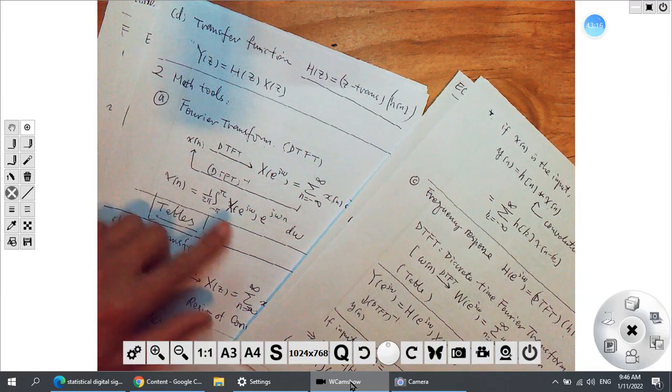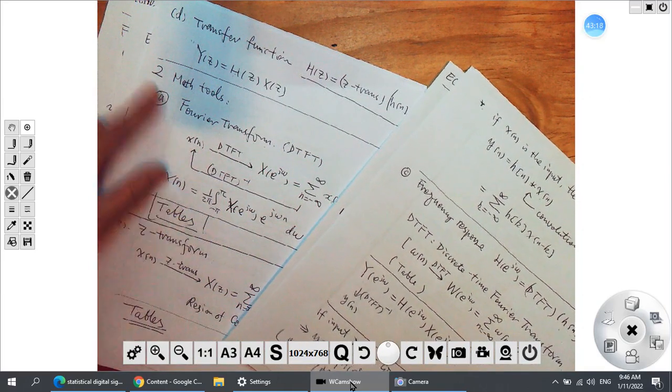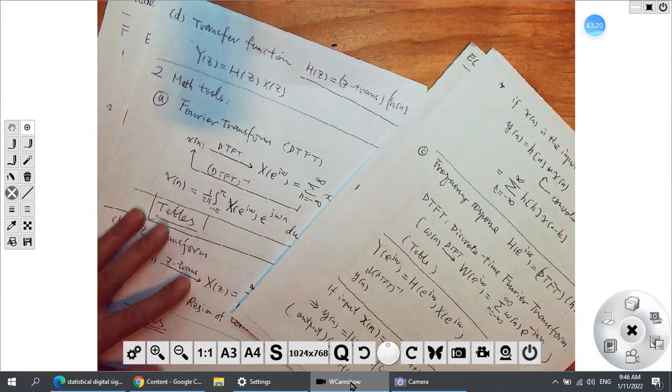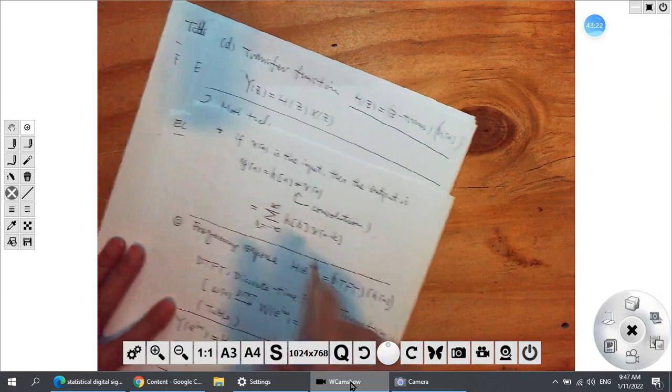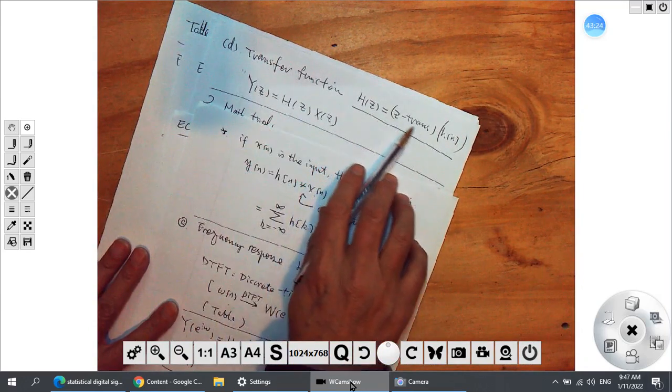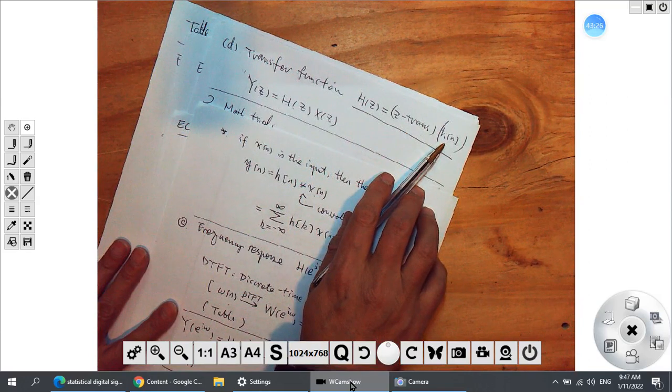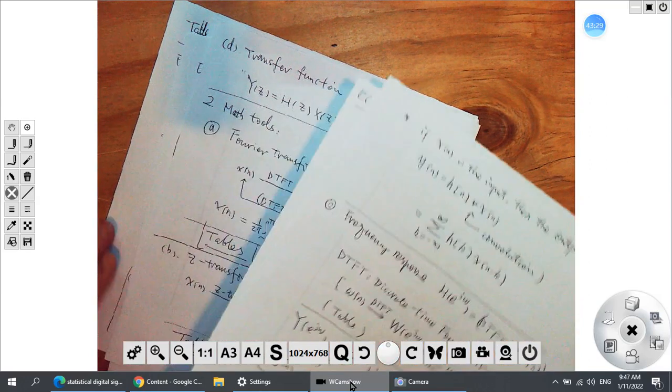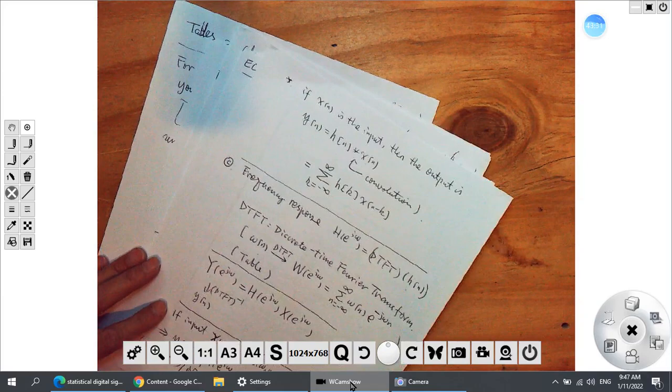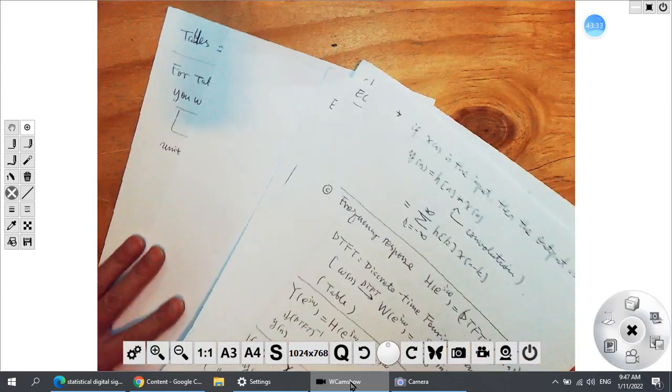And this is the transfer function, which is the Z transform of the impulse response. Right, this is the definition, and we have a shortcut to get the frequency response and transfer function.